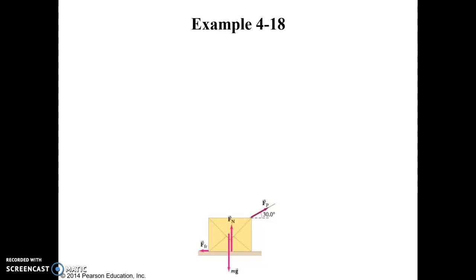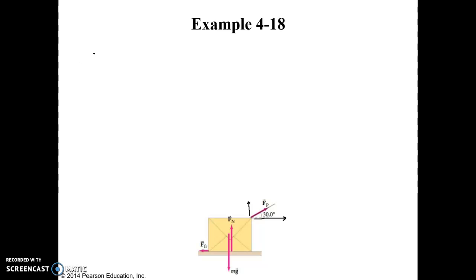We need to find out what this normal force is. Now, if we weren't pulling up at an angle here, we would simply say the normal force is equal to the weight. The two are going to cancel each other out. That's not the case here, because when we're pulling on this box, we're not only pulling it to the right to make it slide, but we're also pulling it up. By lifting it up, we are reducing the normal force on the box.